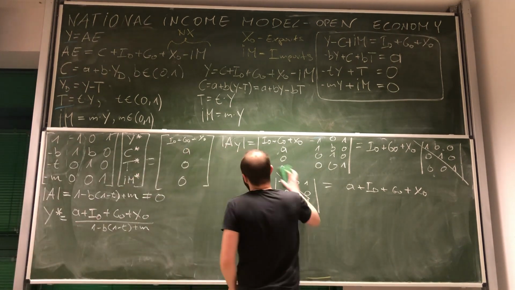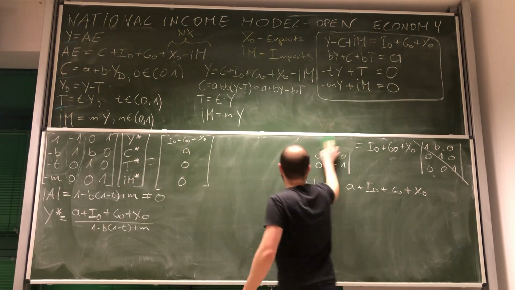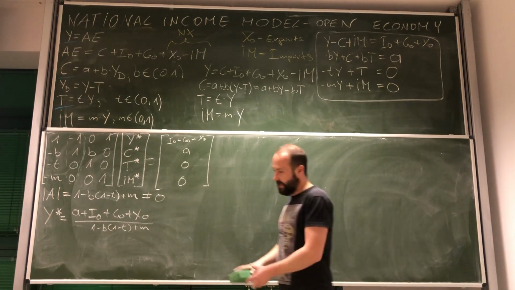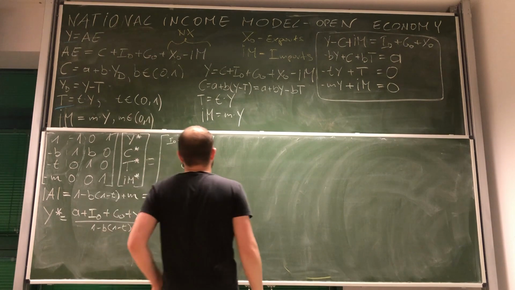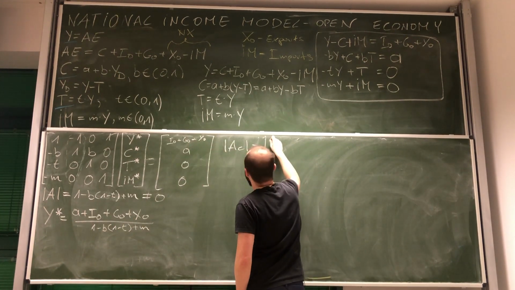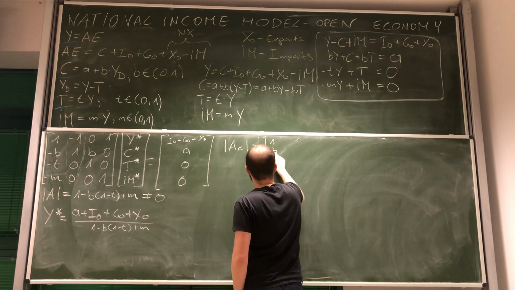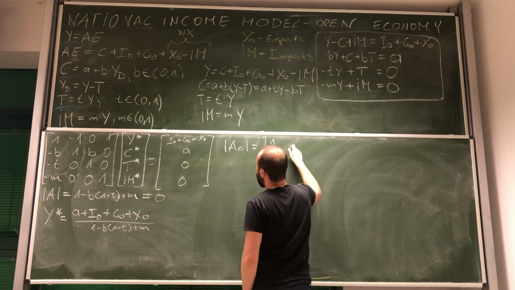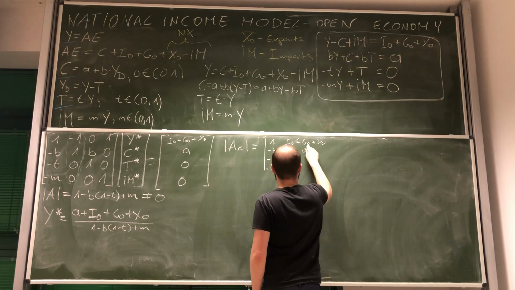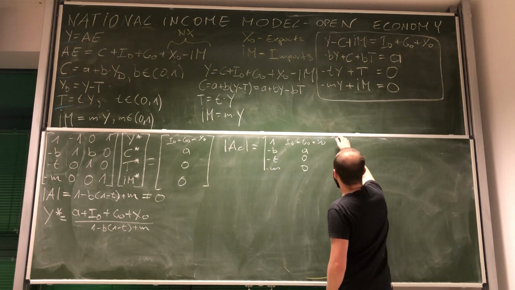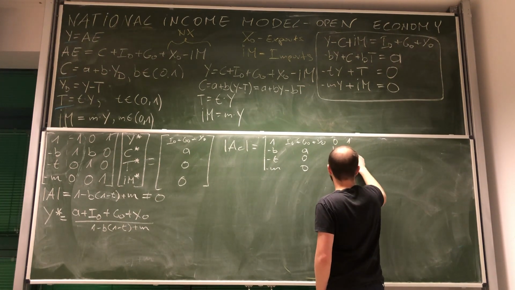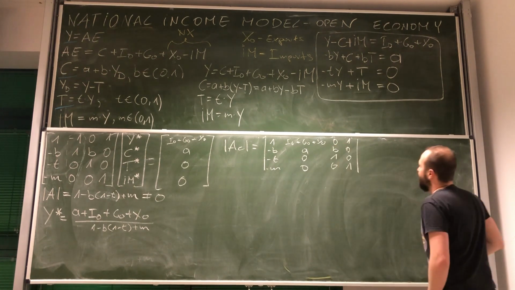So we found that. Now let's go to consumption. So we're going to replace the second column. We've got AC is going to be 1 minus B minus T minus M, I0 plus G0 plus X0, A0, 0, 0, B, 1, 0, 1, 0, 0, 1.